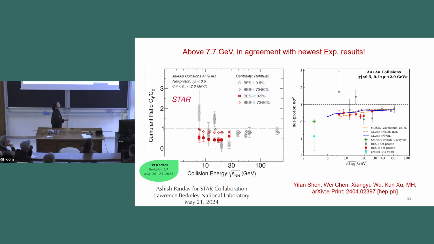Of course, there is a kink here, and I will come to this kink later. But from this latest data above 7.7 GeV, there is no such non-monotonic behavior. At least there is no peak structure.